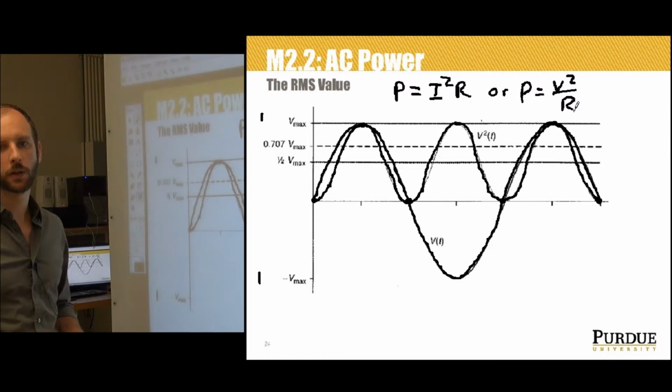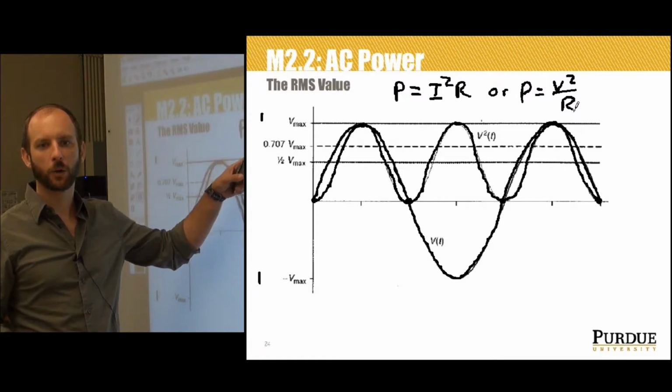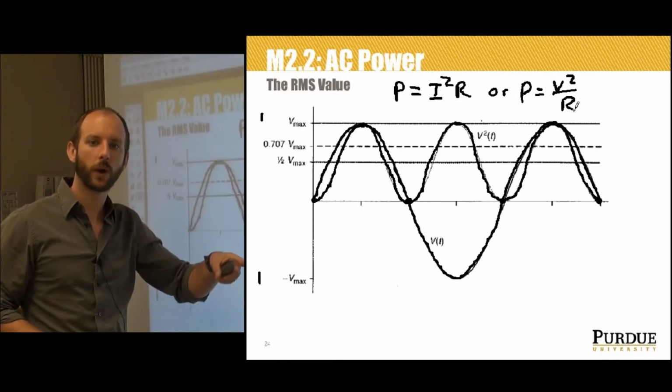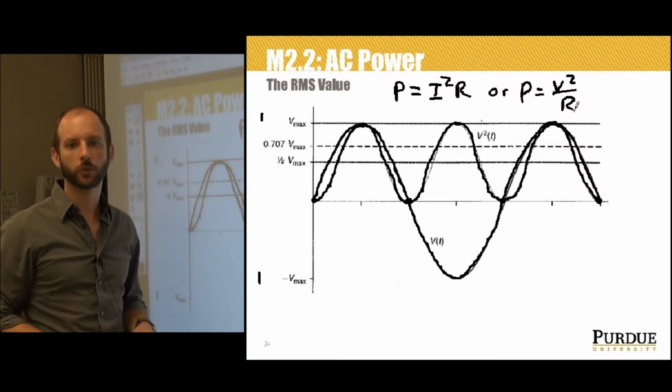In both of these formulas, we can see that the power is proportional to the square of the voltage or current applied to a resistance.